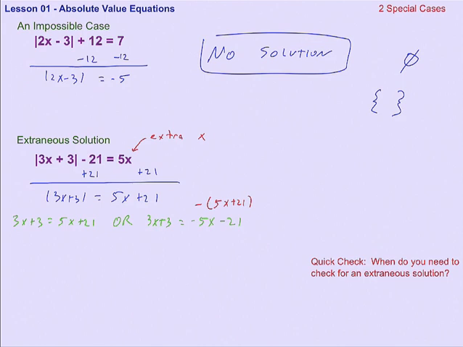I prefer to keep my x's positive, so I'm going to move 3x over to the left. I'm sorry, from the left to the right. If you would have subtracted 5x from both sides because you like seeing your x's on the left-hand side, that's fine also. And then I'll subtract the 21 from both sides. And divide by 2. So x equals negative 9.